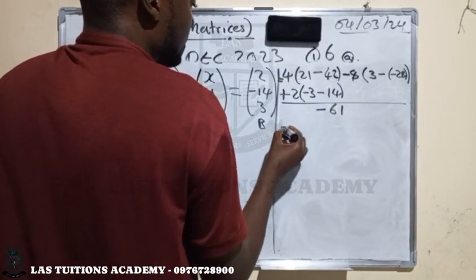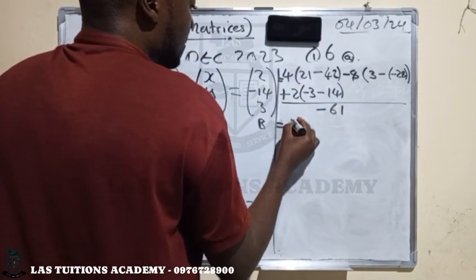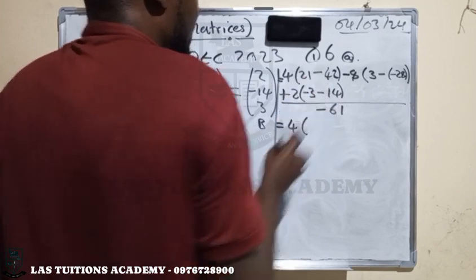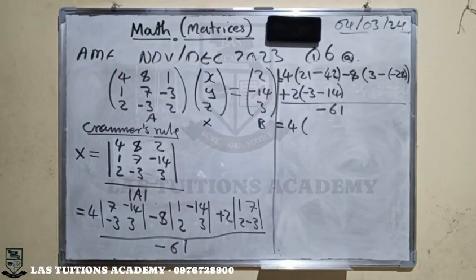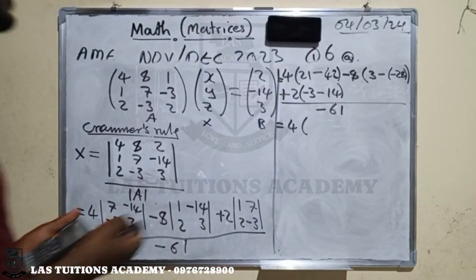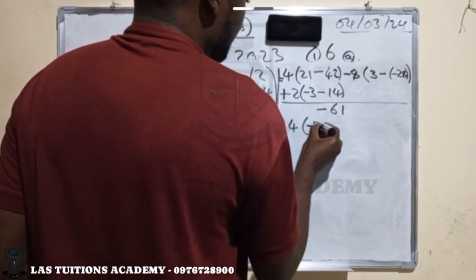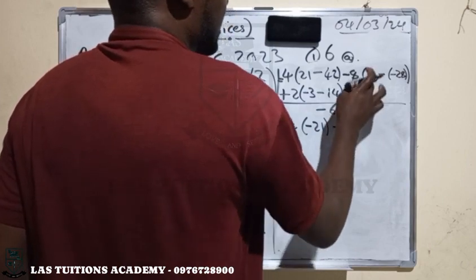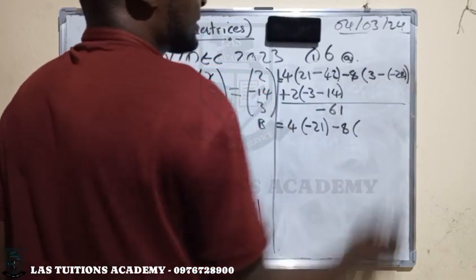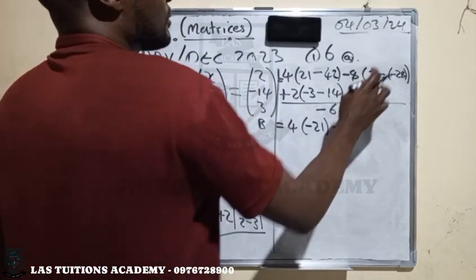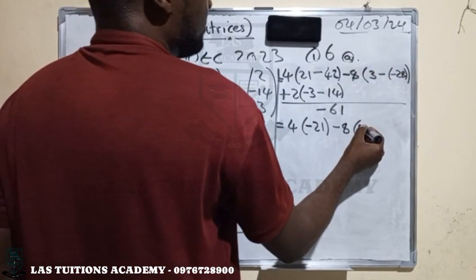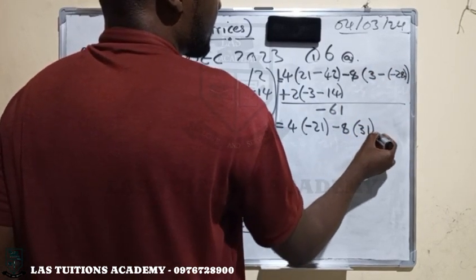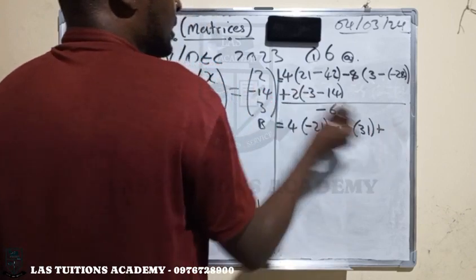So this is equal to, here we have a 4. 21 minus 42 would be negative 21. Then we have minus 8. 3 minus minus gives us plus, so 3 plus 28 would be 31. Then plus, we have a 2.